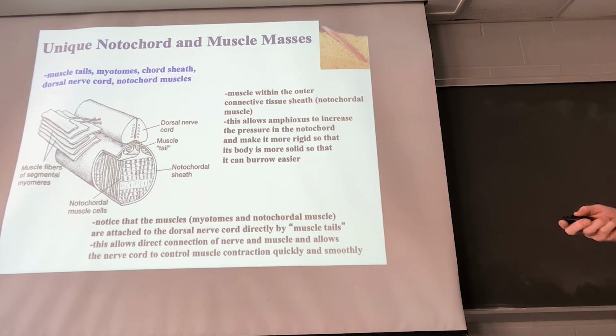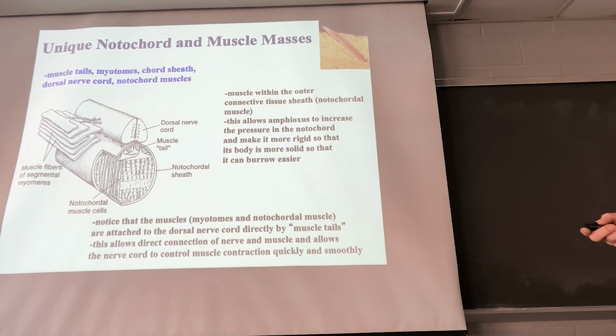Interestingly, the notochordal muscles also have these muscle tails, which are extensions of the muscle cell sheath that puncture the notochordal sheath and go up and innervate, or meet with, a motor neuron on the ventral surface of the nerve cord, so that the nerve cord can control both the myomeres and the notochordal muscle in times of contraction.